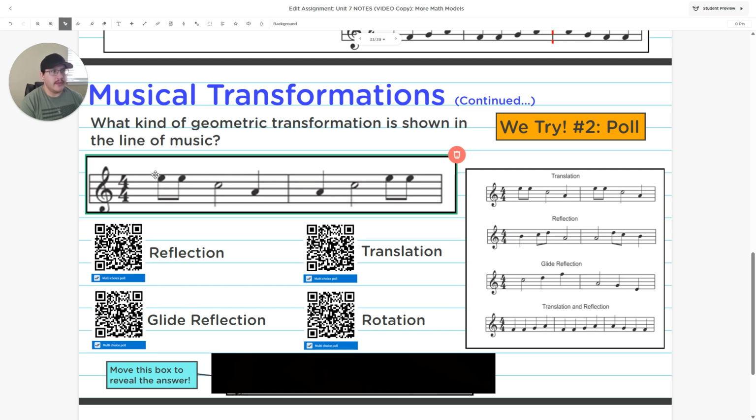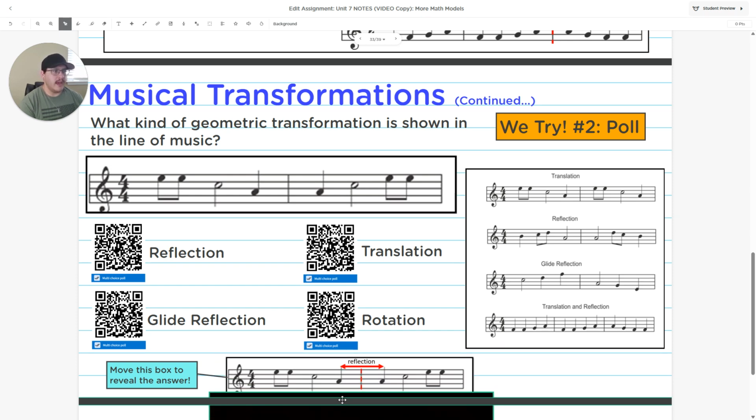Notice how this first note, this eighth note, gets reflected to the last position. This last note becomes the first note, and so on and so forth. So reflection is what happens here.